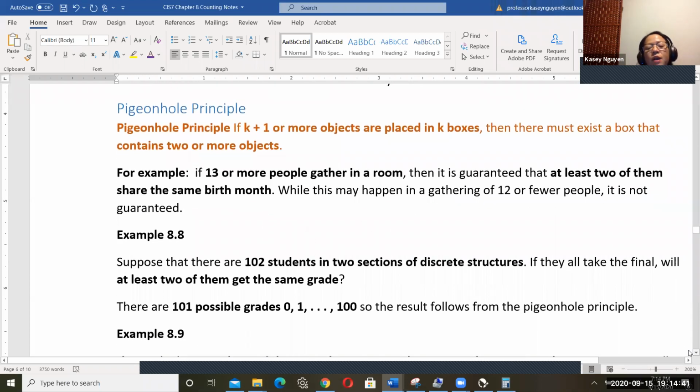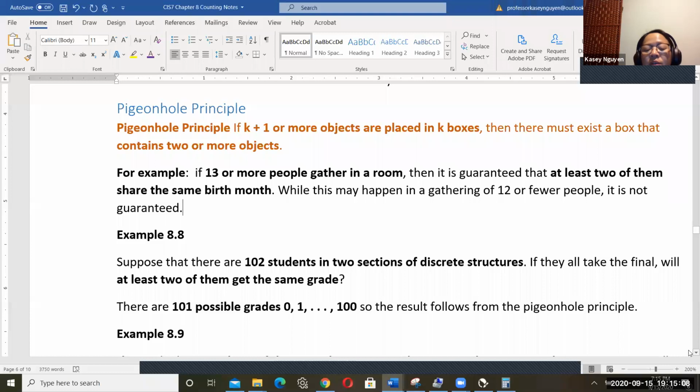So let's look at example 8.8. There are 102 students in 2 sections of the class. If they all take the final, will at least 2 of them get the same grade? So we have to take a look at the possibility of the grades, okay?